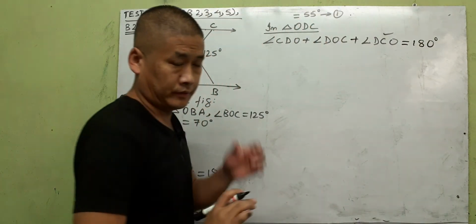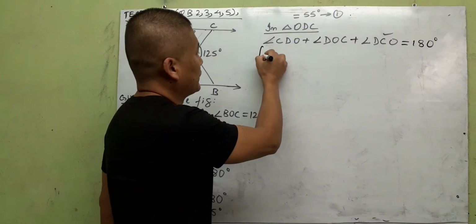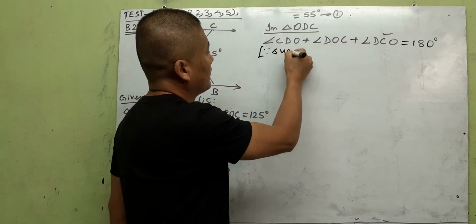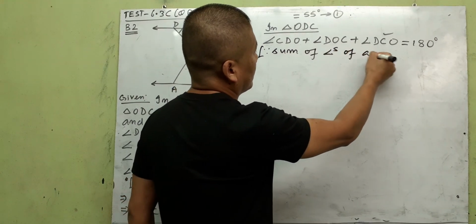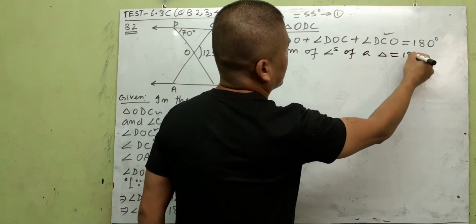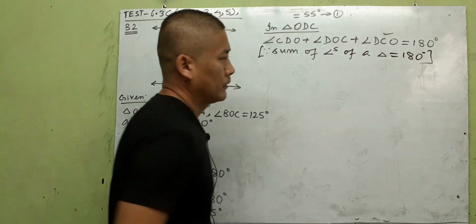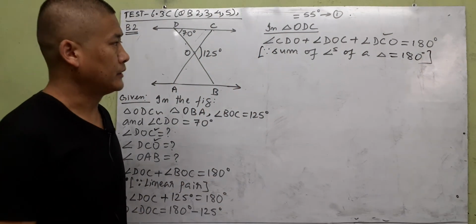You know this, right? Because we know that the sum of angles of any triangle is always 180 degree. Sum of the three angles of the triangle.